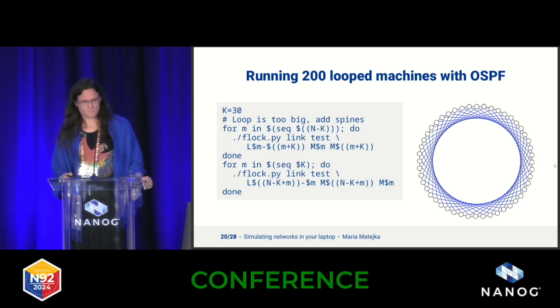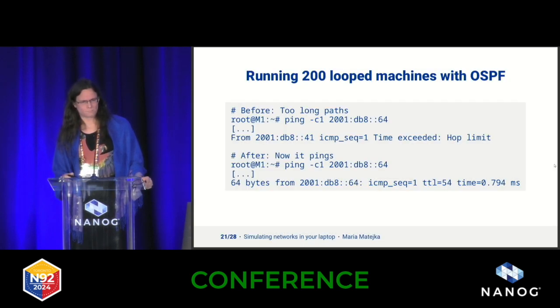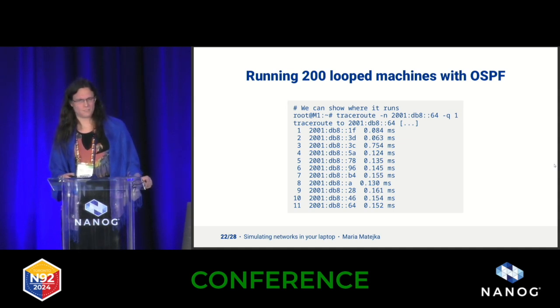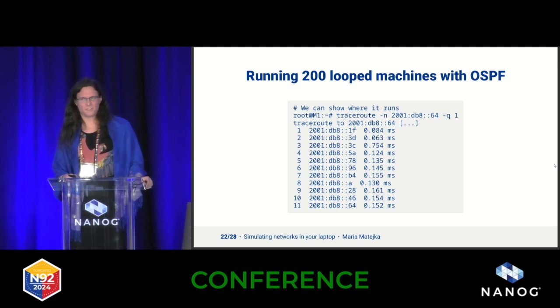And after adding these spines, the ping works. And it has actually quite a short TTL, because what I wasn't thinking about was that the traceroute now looks quite crazy. It is mostly using those spines and sometimes jumping backwards. Because OSPF just found the best route.